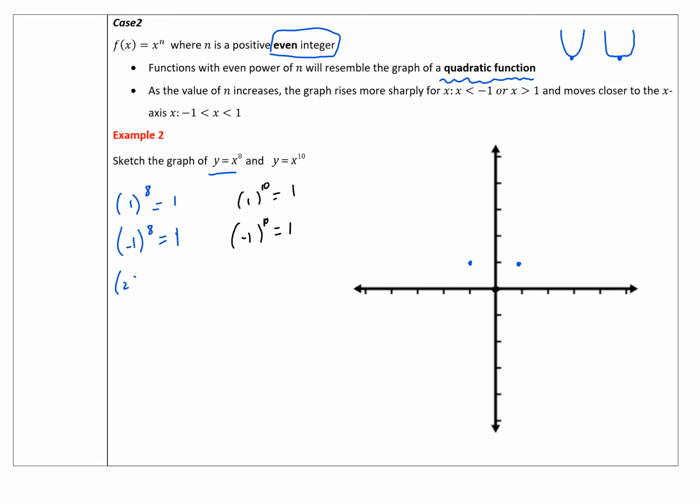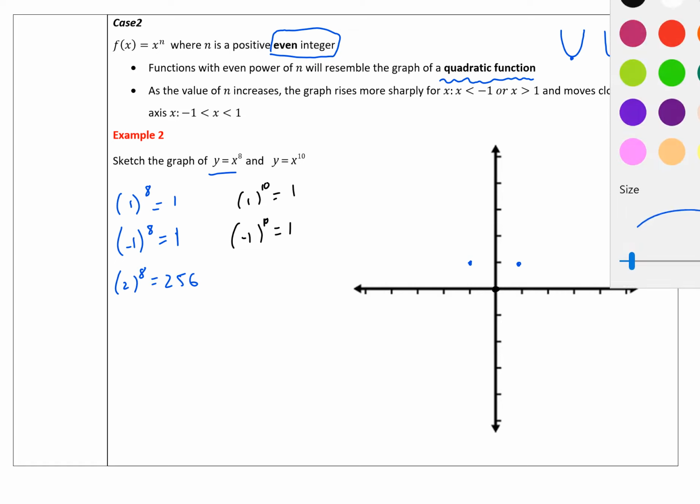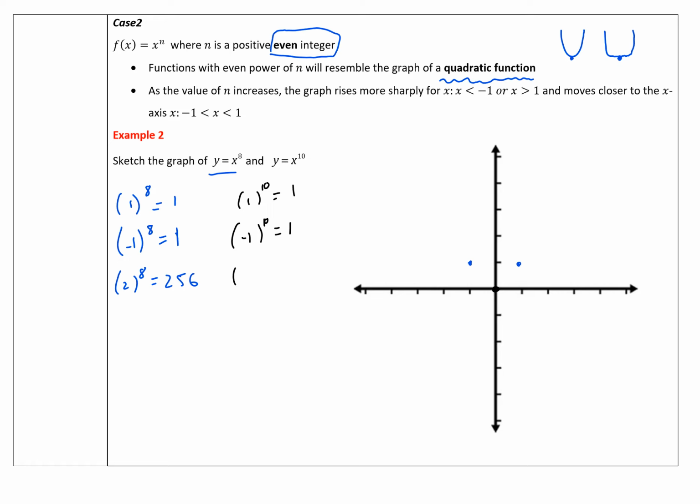Well, 2 to the power of 8 is 256, and 2 to the power of 10 is 1024. If I subbed in a negative value, being an even function, this will also yield 1024. If I sub in -2, I still get 256.